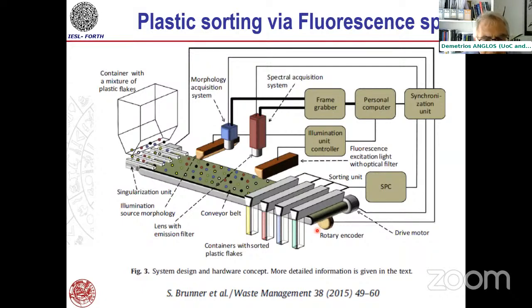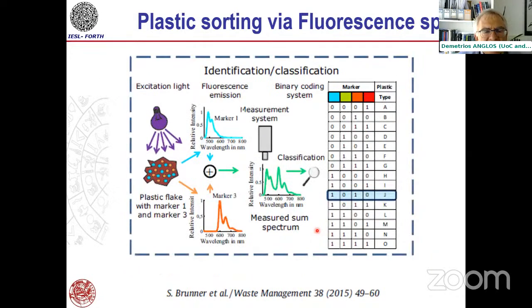Now, to explain this concept a little bit further, I'll take you to this slide where we indicate that we have different fluorescence markers in different plastics, based on, like, 4 different marker fluorophores added, I repeat, added at very low concentrations.